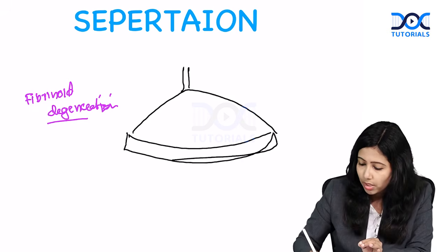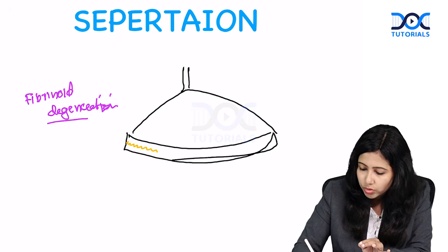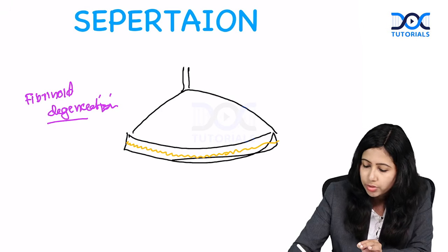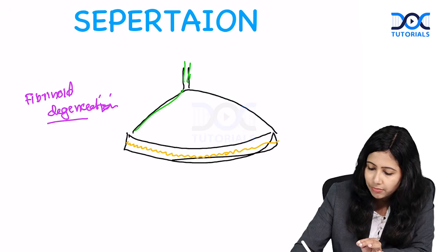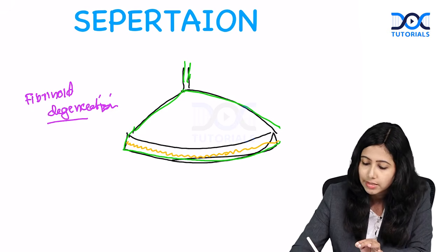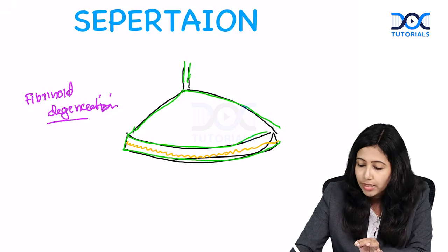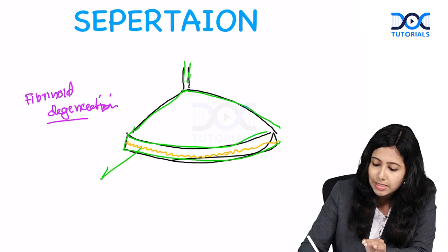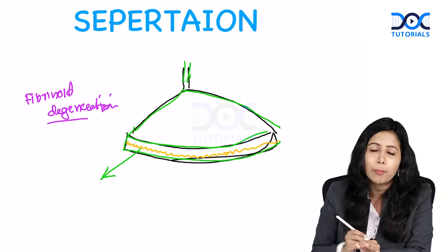In the decidua, there is a layer which is known as fibrinoid degeneration. So let me orient you. This is the umbilical cord, this is the fetal surface, this is the surface that is attached to the uterine wall, and this is the decidua. In between there is fibrinoid degeneration layer, and through this layer the placental separation is going to happen.